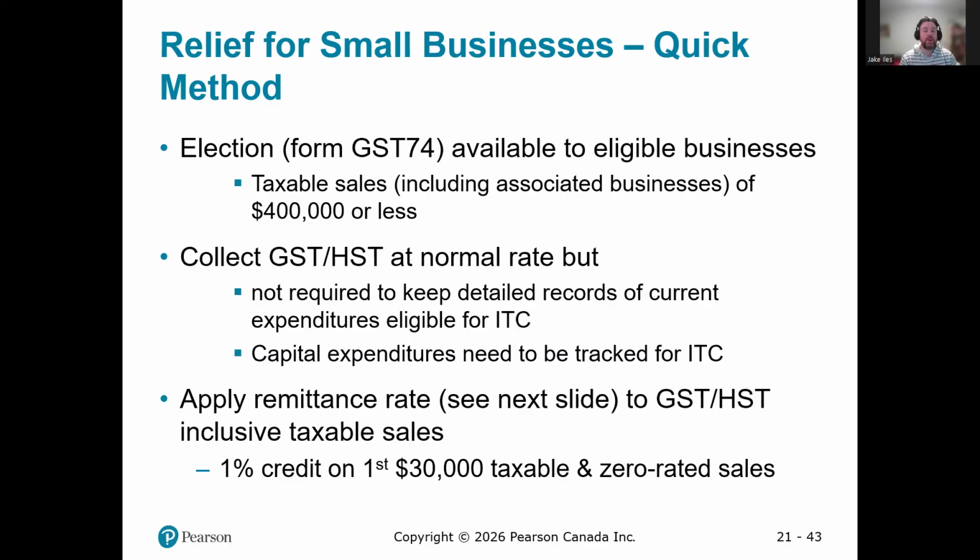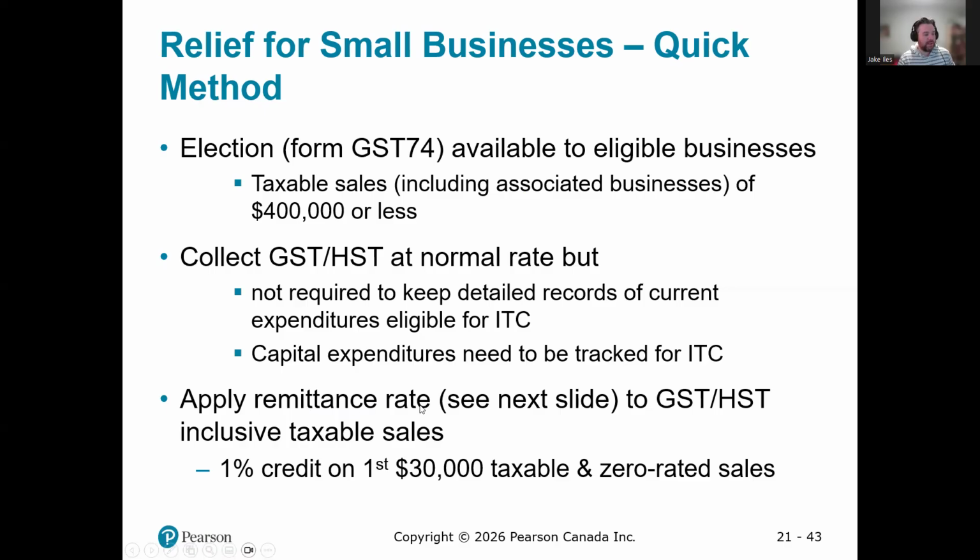Now you might not have that profit margin, but you're a small enough business that this quick method allows you to have that assumed profit margin. But capital expenditures are not accounted for in the quick method. So if you have capital expenditures on which you've paid sales tax, you still need to track those payments for ITCs and you'll add them into your calculation.